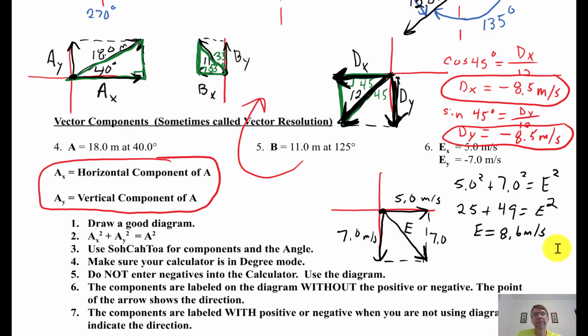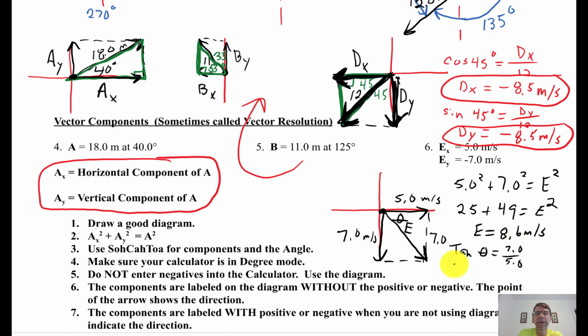We also have to get the angle. So I'm going to figure out this angle right here, theta. That angle right there, theta. I'm going to use tangent of theta. It would be a negative angle relative to the x-axis. So the tangent of that angle would be equal to 7 over 5. Tangent of theta equals 7.0, 2 sig figs, over 5.0.